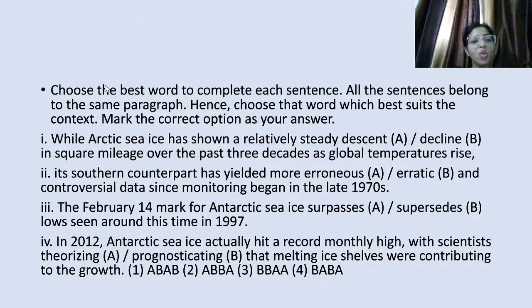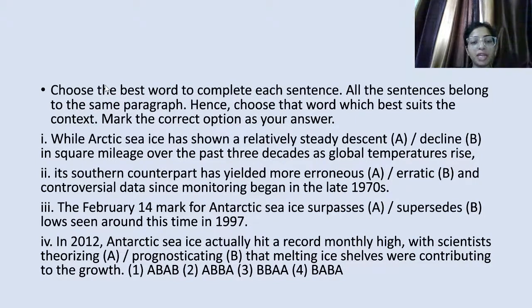While Arctic sea ice has shown a relatively steady descent or decline in square mileage over the past 3 decades as global temperatures rise, its southern counterpart has yielded more erroneous slash erratic and controversial data since monitoring began in the late 1970s.